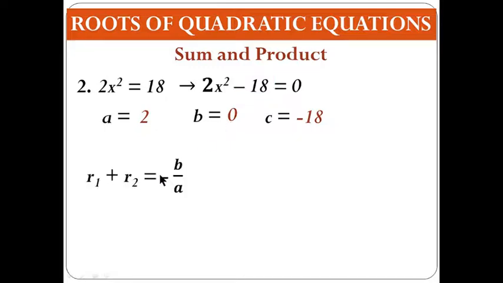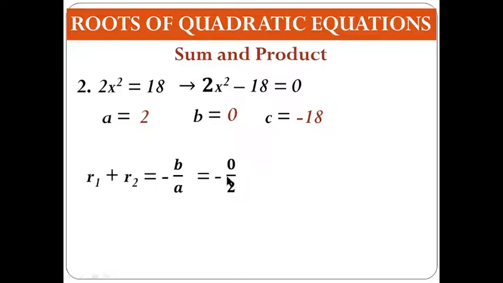So, get the sum, negative b over a. So, negative 0 over 2. Get the quotient, or yung i-divide or i-get the simplest form.